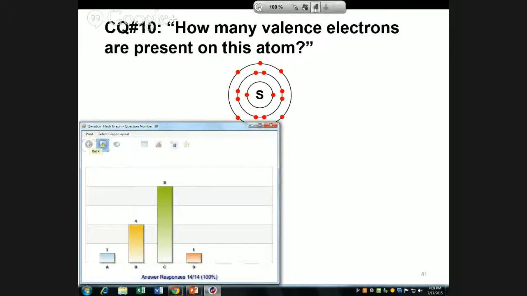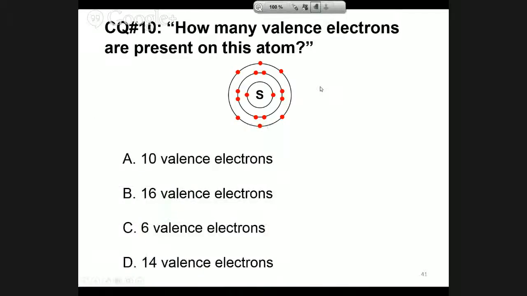Now, in this question, actually, there's only one possible correct answer. Because valence electrons are found in a single shell. And only one of these numbers represents a number of electrons that could be found in a single shell, which is what? The third one outside. C, 6.